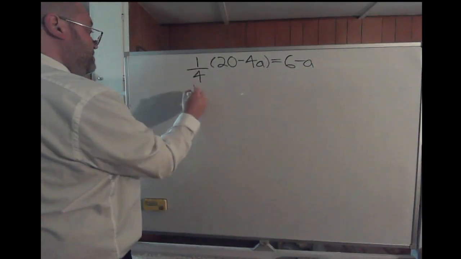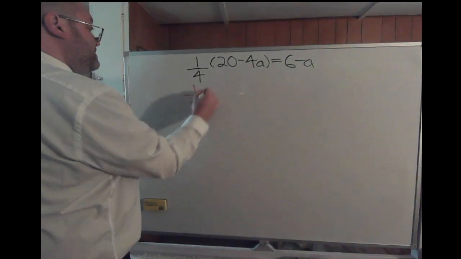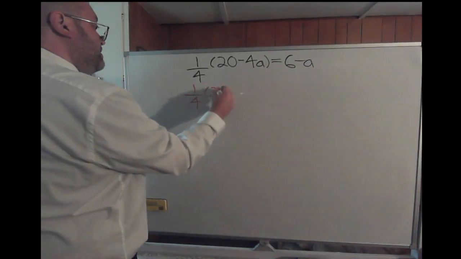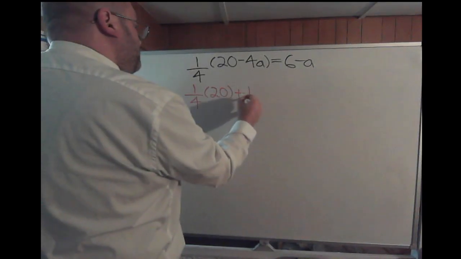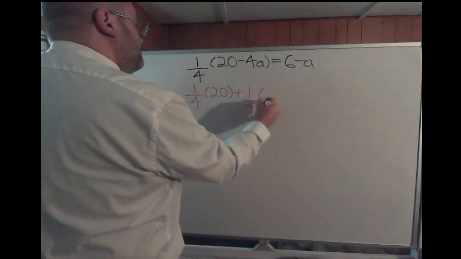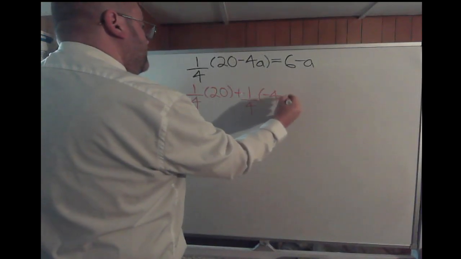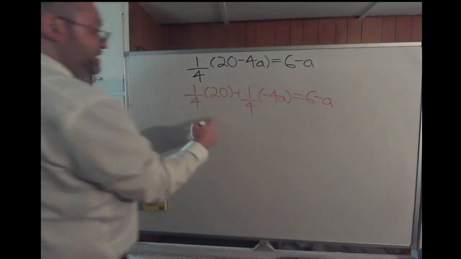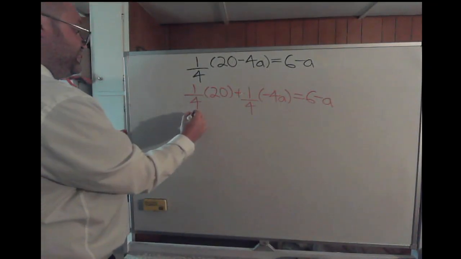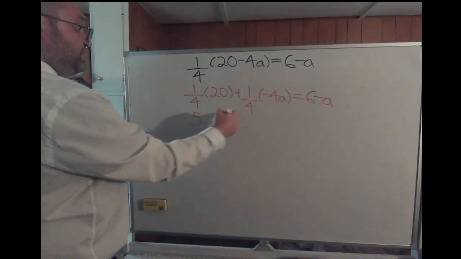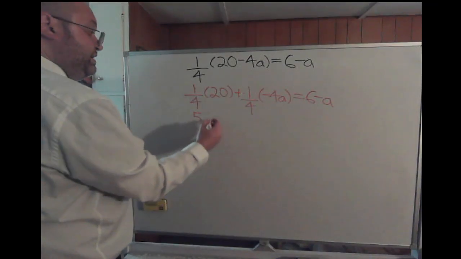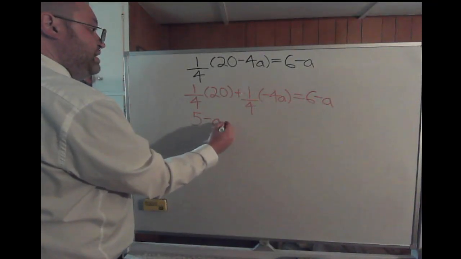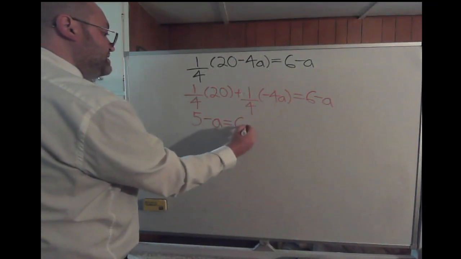So you'll take 1/4 times that 20, plus you'll take that 1/4 times that -4a, then just set that equal to 6 minus a. Do your multiplication on the left. 1/4 of 20, that's 5, plus 1/4 of -4a, that'd be -a, so you have 5 minus a is equal to 6 minus a.